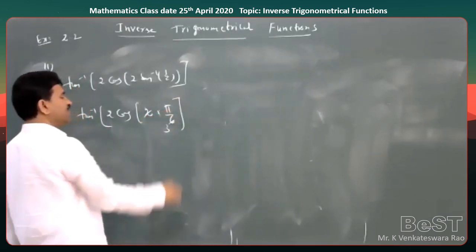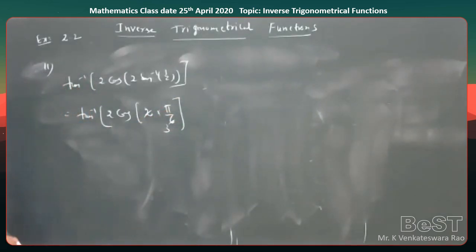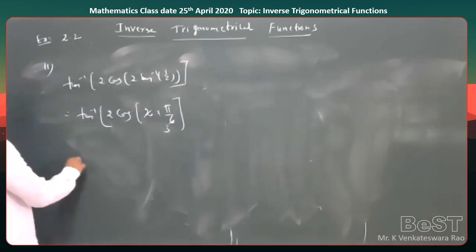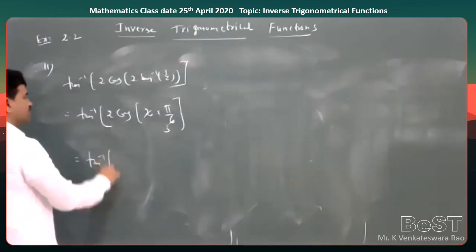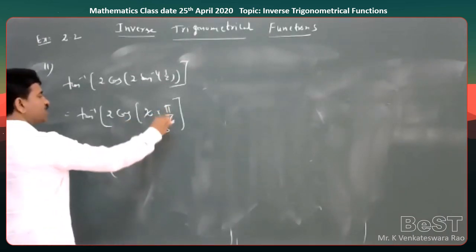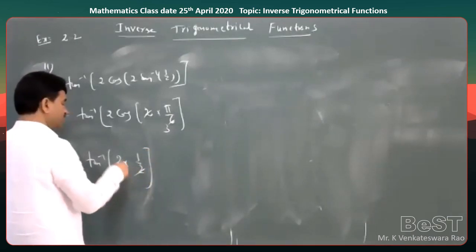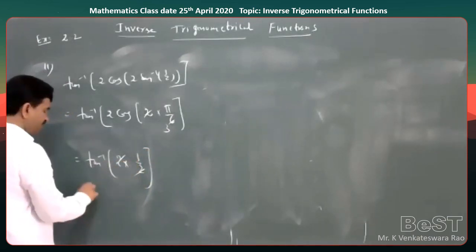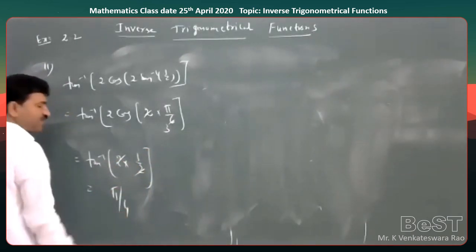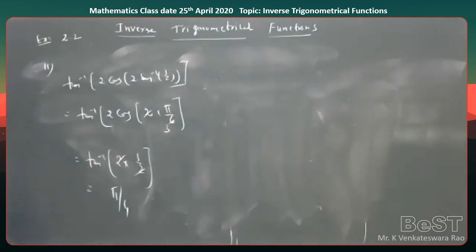Once again write the cos pi by 3 value. So this is equal to tan inverse of 2 into cos pi by 3 value. Cos 60 degrees value is 1 by 2. The 2 cancels. Tan inverse of 1 we know is pi by 4. That is the answer to the value of tan inverse of 2 cos 2 sin inverse of 1 by 2.